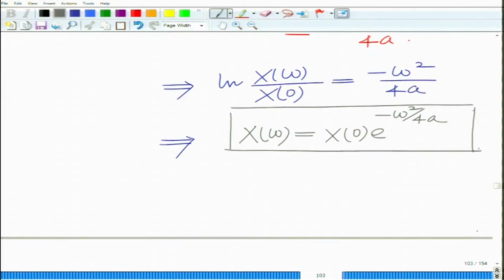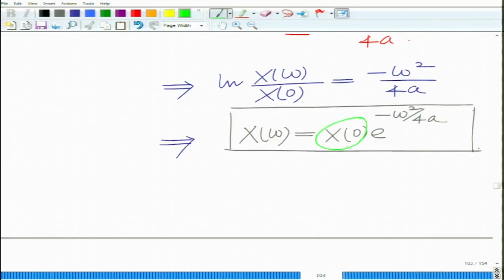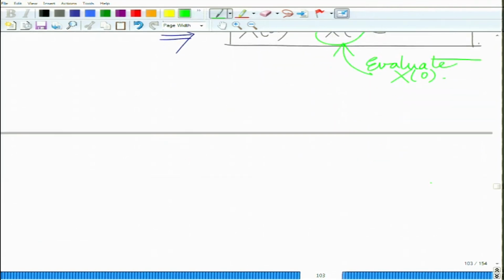This is basically the next result that you have. So, we have derived everything except this constant X of 0. Now, all that is remaining in this Fourier transform is to evaluate what this constant X of 0 is, which is nothing but the Fourier transform value at omega equal to 0. So, it remains to evaluate X of 0.